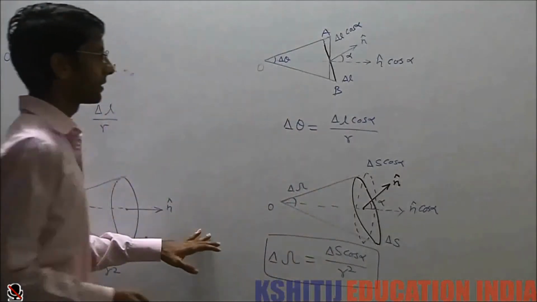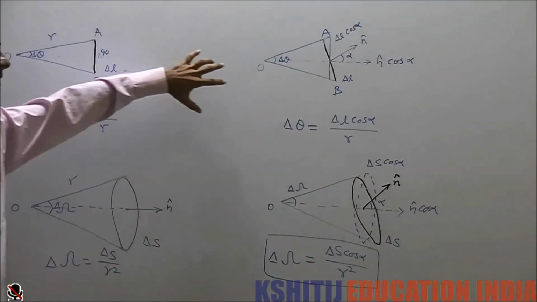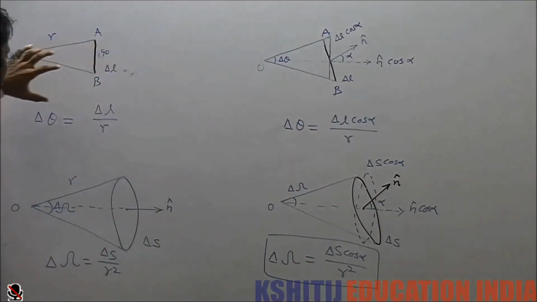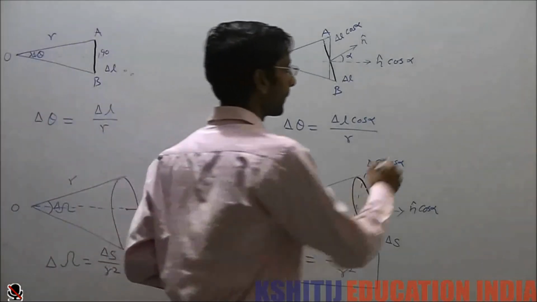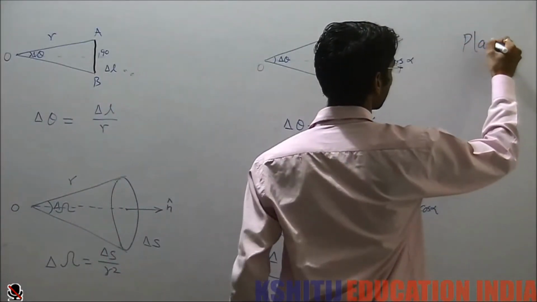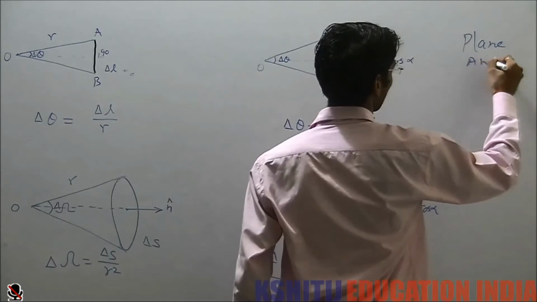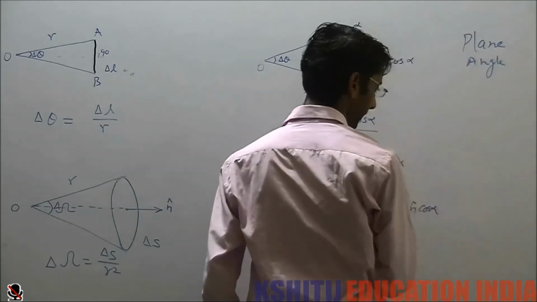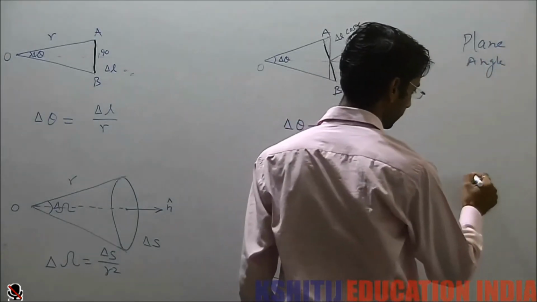So this is just a direct correlation and generalization of the plane angle. Whatever I have written over here is plane angle, and whatever I have written in this bottom line is solid angle.